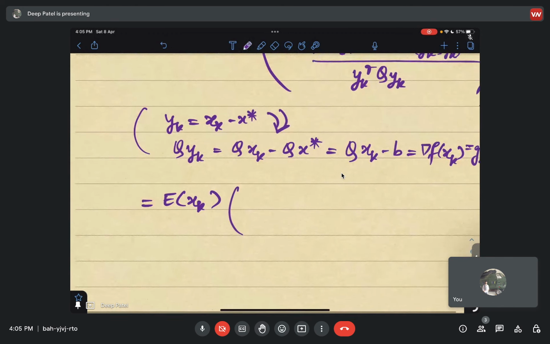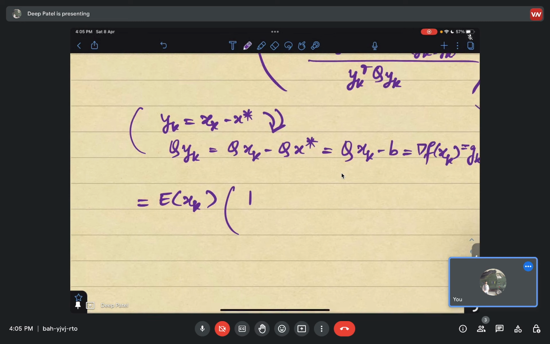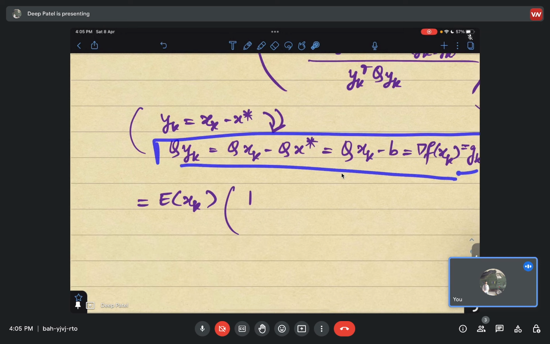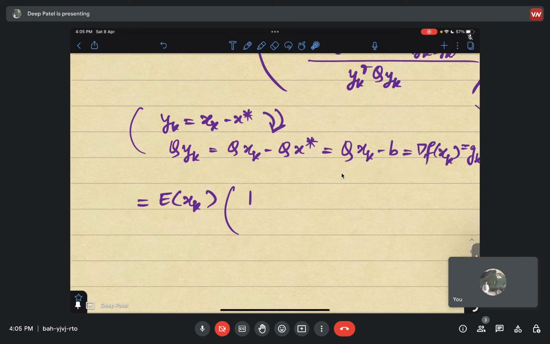By the way, we will use the fact that q yk is nothing but gk. So what do we get? 1 minus 2 gk transpose.